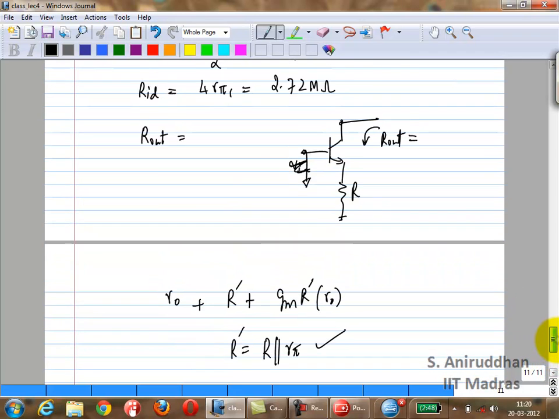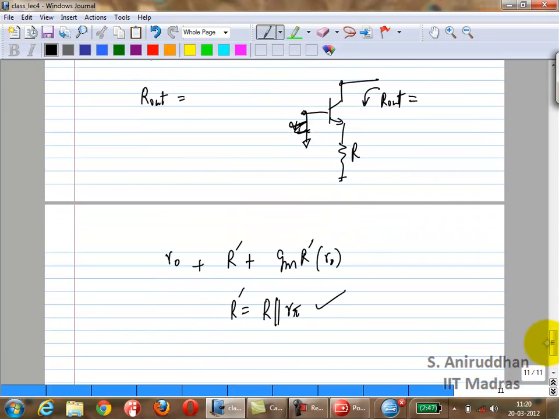The reason I want you to do this is, if I say this, it's 1 plus. If I assume that RO is much larger than R, let's assume for now that it is true, because R parallel R pi will be some number less than R, and if R out is much larger than that, we can neglect this first R prime term.